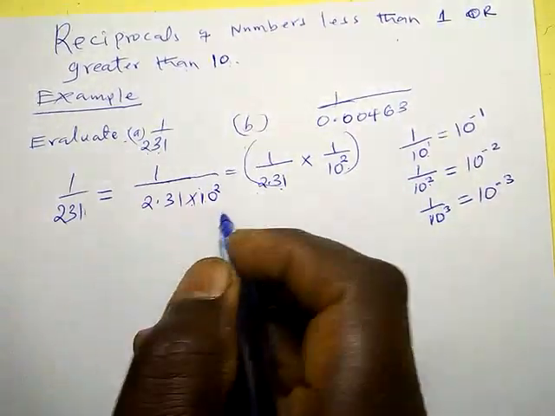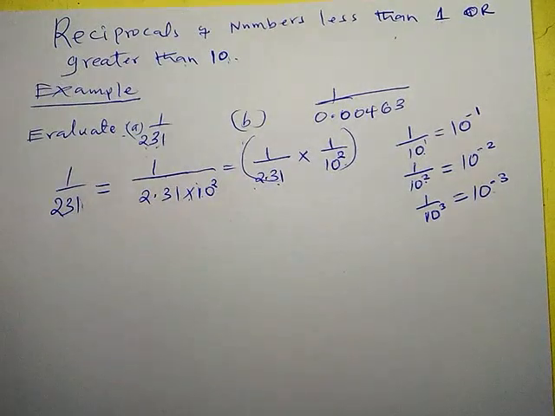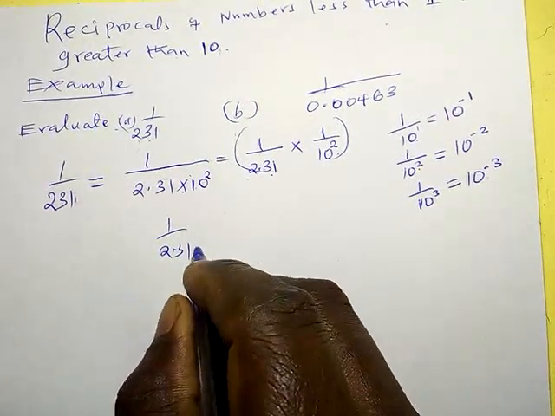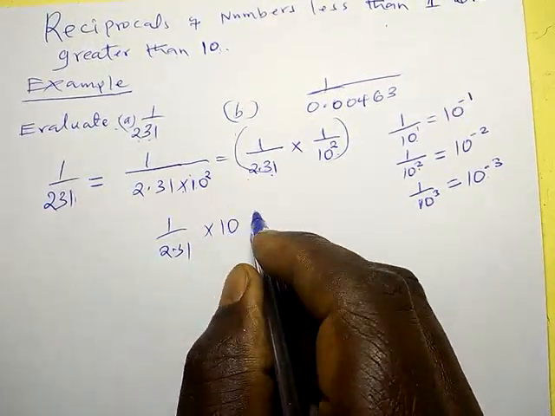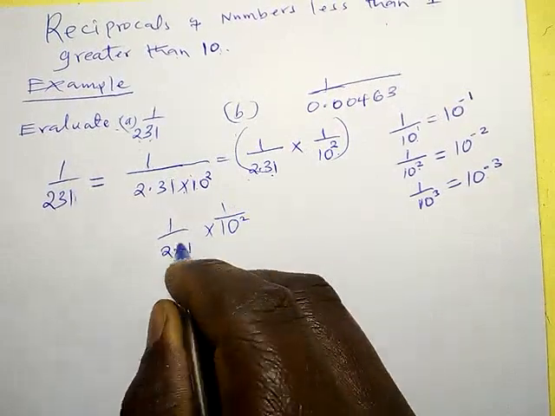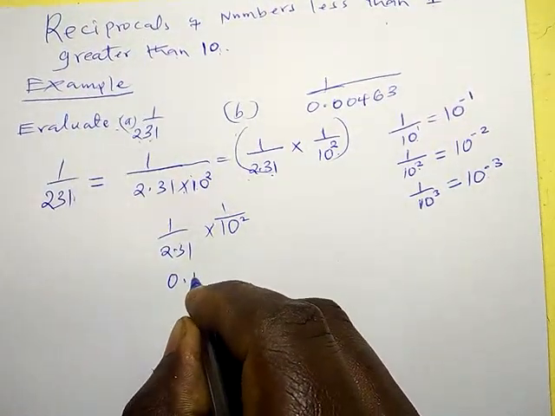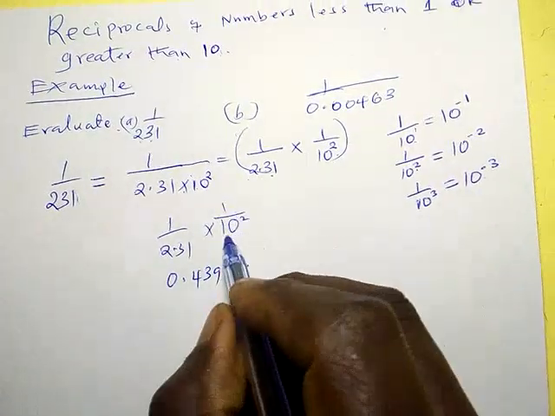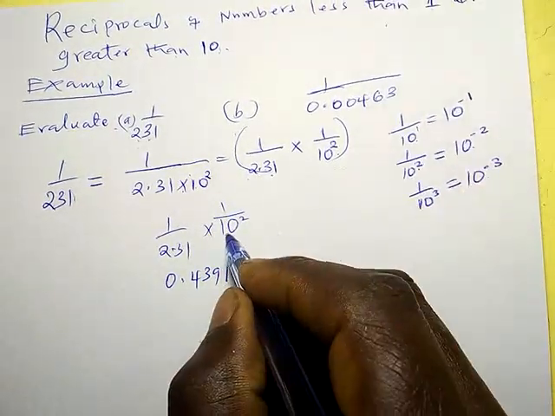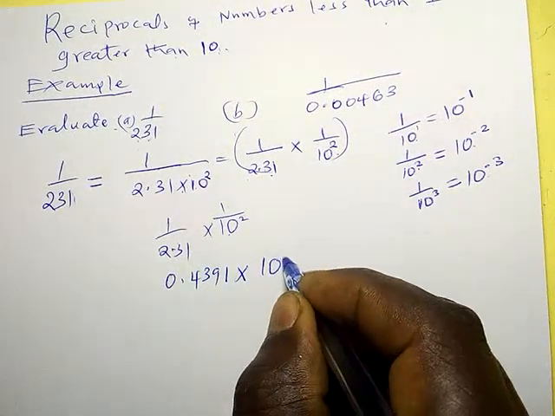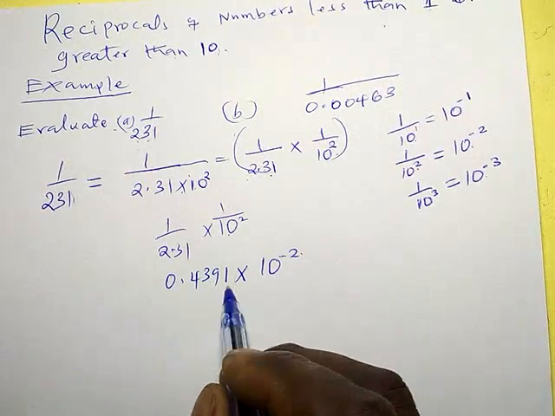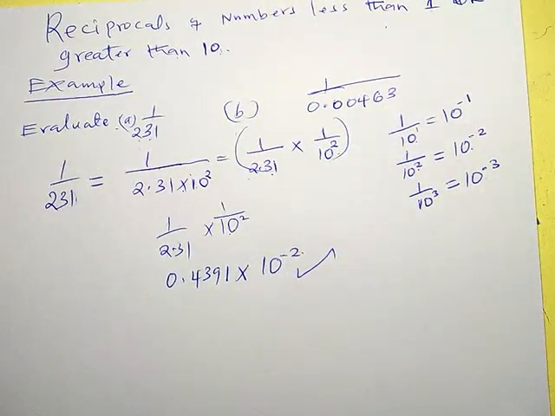So the reciprocal of 2.31 times 10 raised to 2 is 0.4391 times the reciprocal of this, which is 10 raised to power negative 2. You can stop it there and it is okay.